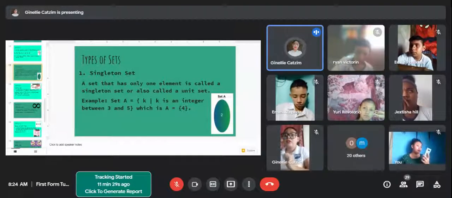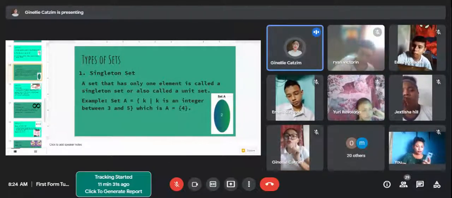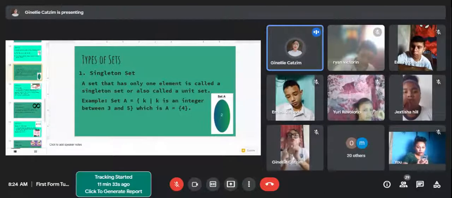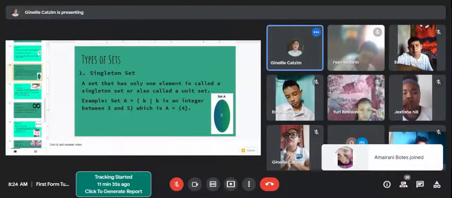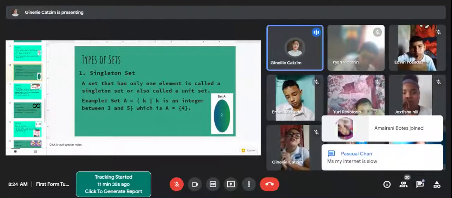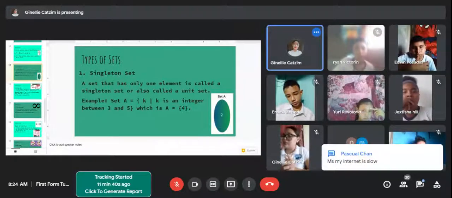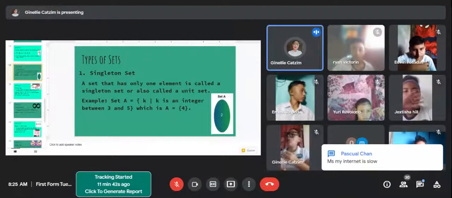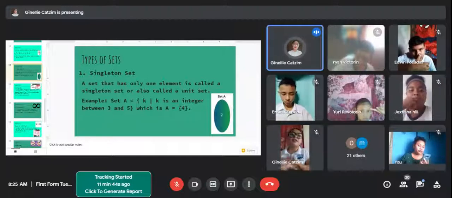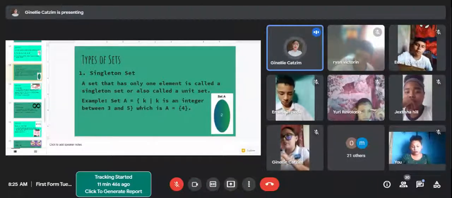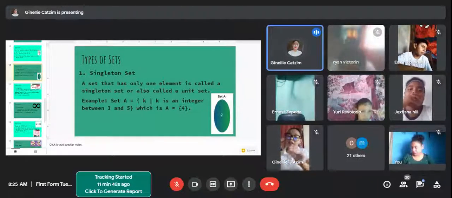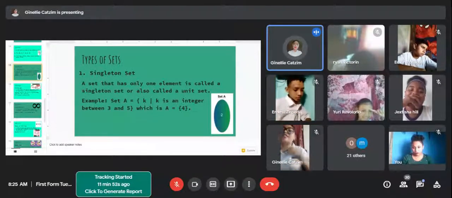So the set of the nails that I painted will just be one, because I removed everything and I just have one painted, right? The singleton set has only one element. If it has two, three, four, five elements, it is not a singleton set.